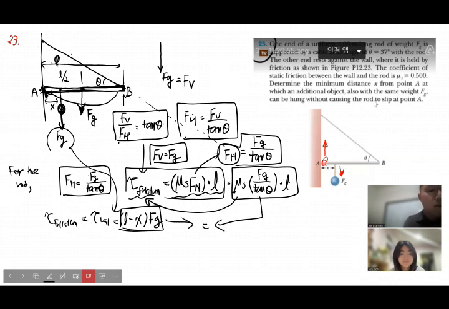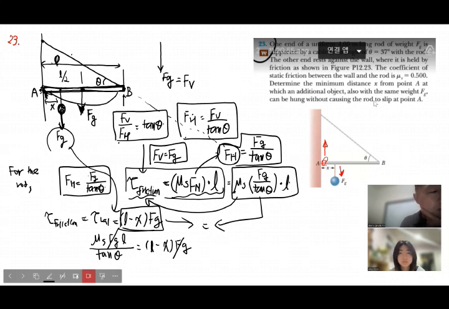Now that's the condition. If you put them all together, mu S times Fg L over tangent theta equals L minus X times Fg. Because the ball and the rod have the same weight, Fg exists on both sides of this formula in the torque, so it can be cancelled out.